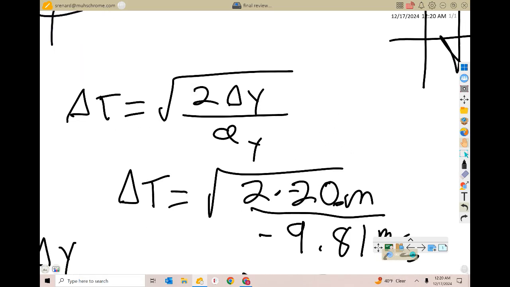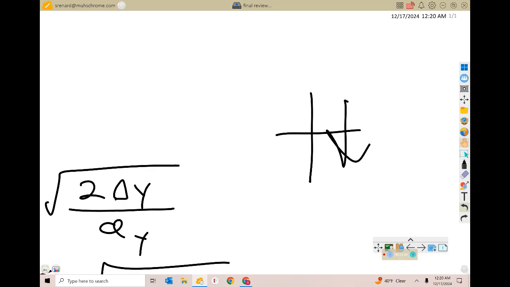And notice what happens here. I plug it in, and I get negative 20 meters and negative 9.81. The reason for that is when things fall, as you can see the little arrow right there, they're moving downward on the y-axis. When you move downward on the y-axis, that is negative. Up is positive, down is negative.